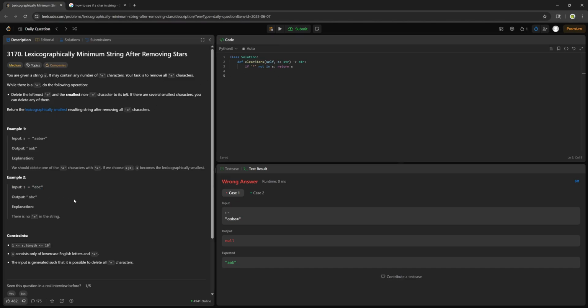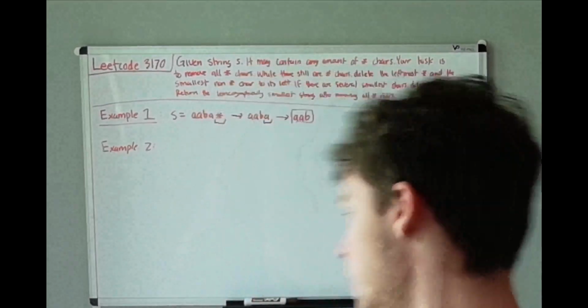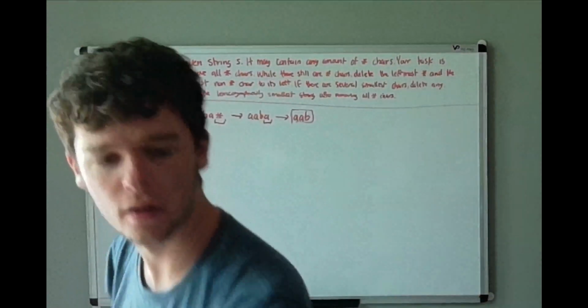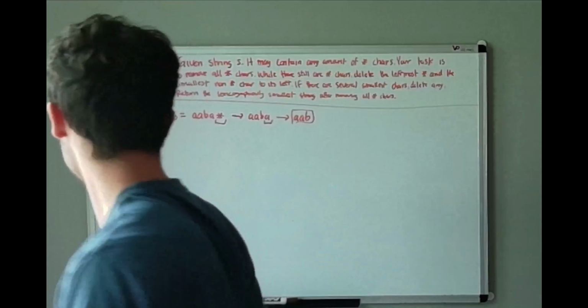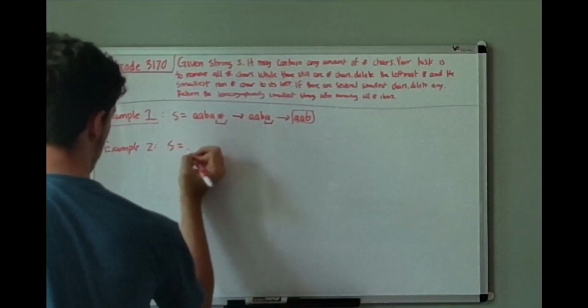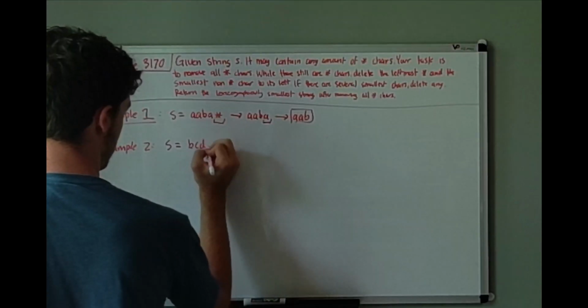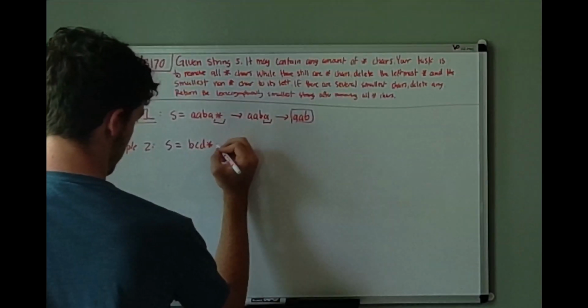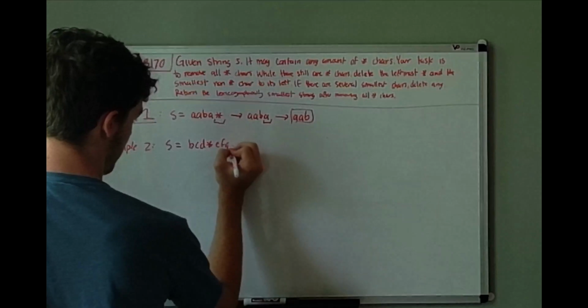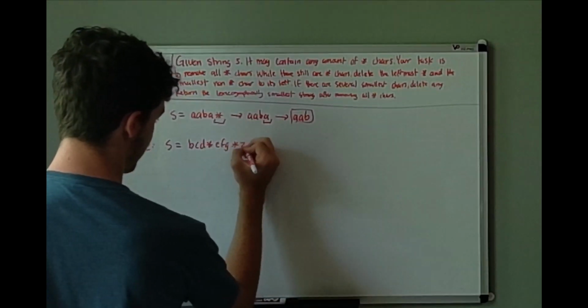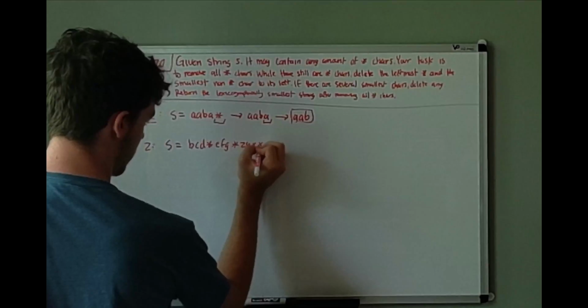Okay, so we only get 2 example problems, so I think I need to make my own examples where there's multiple stars, because that's obviously where this problem gets a little tricky. So I'm actually going to make my own example where s equals, let's just put some random letters like B, C, D, star, E, F, G, star, and then Z, Y, X, star.